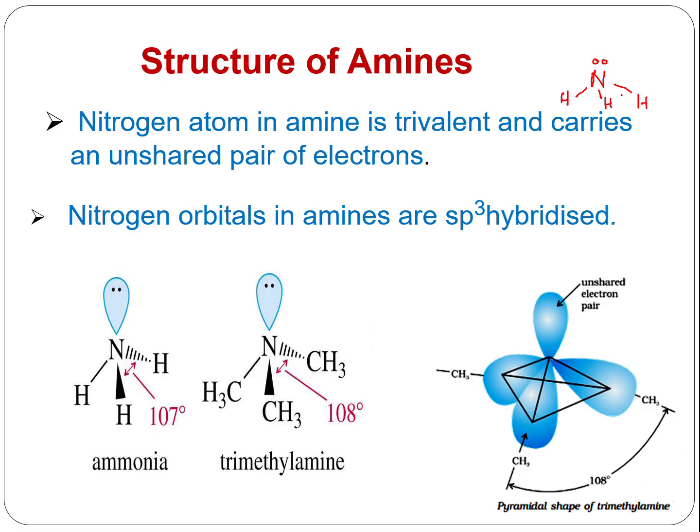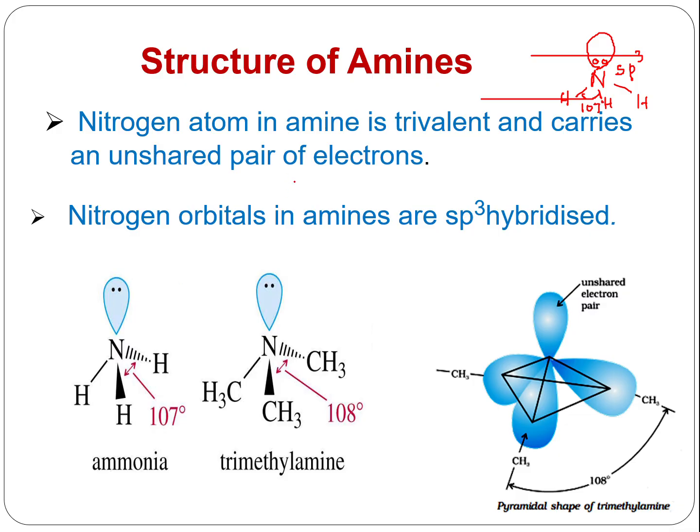Because of this lone pair of electrons, the shape of the molecule is changing. Nitrogen is sp3 hybridized, and because of this sp3 hybridization, the shape of the molecule should have been tetrahedral, but because of the lone pair of electrons, the bond angle is decreasing from 109.5 to 107 degrees in the case of ammonia.